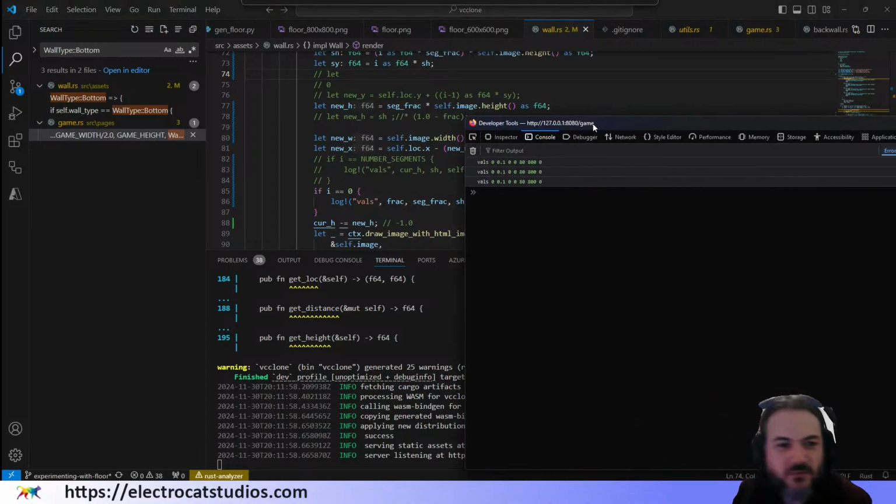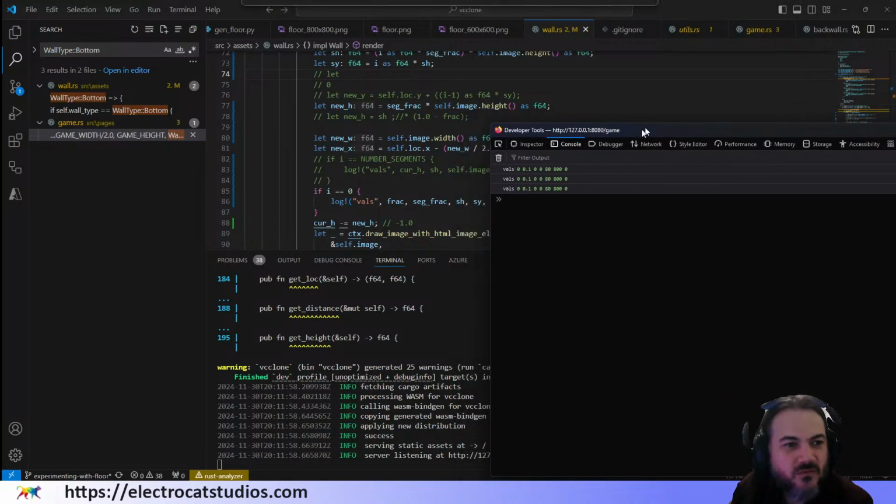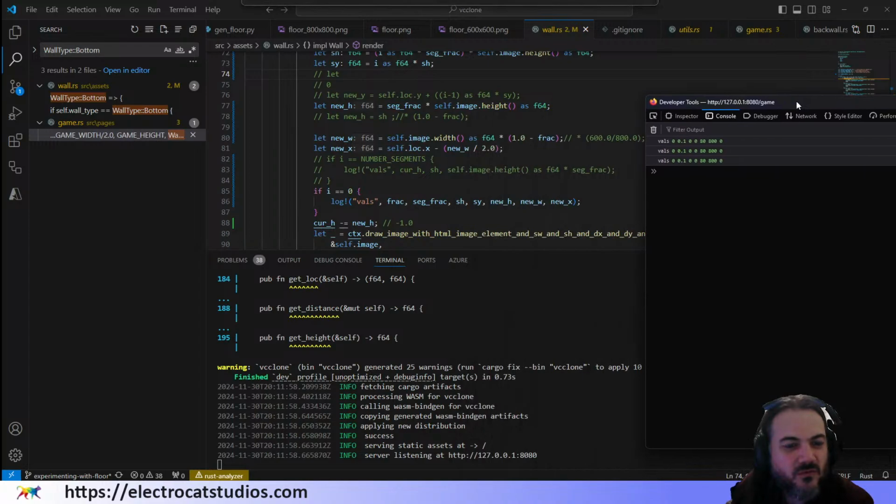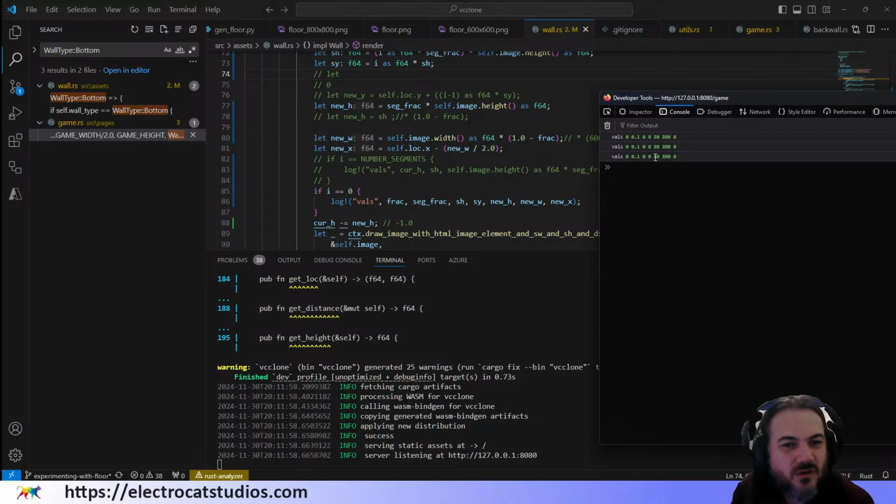Just going to have a quick look at the debug values. New age is 80, yep.